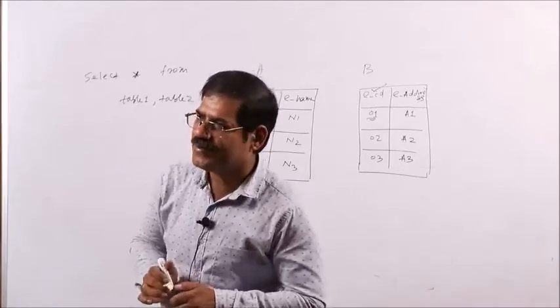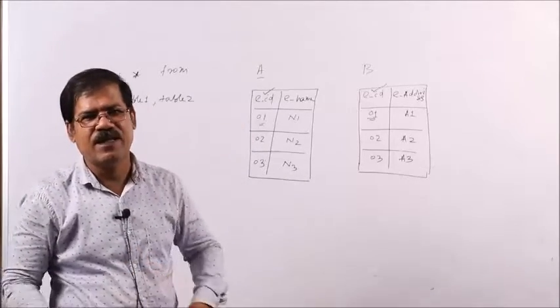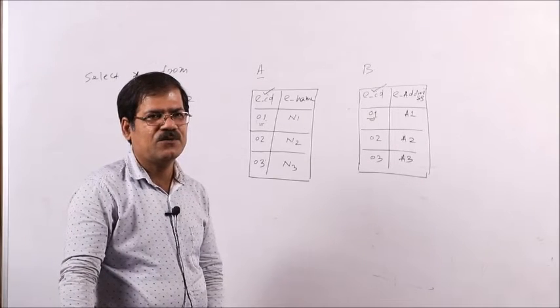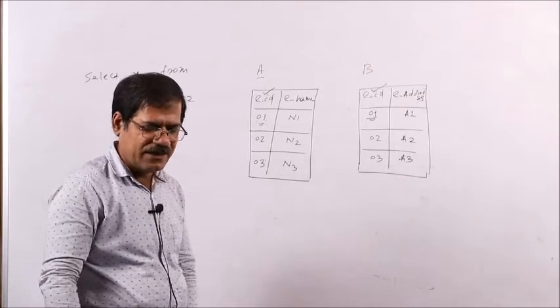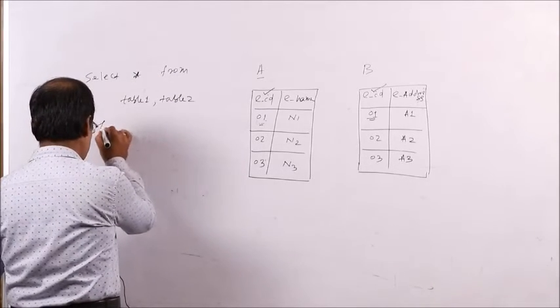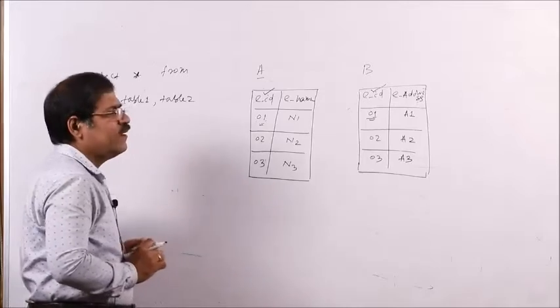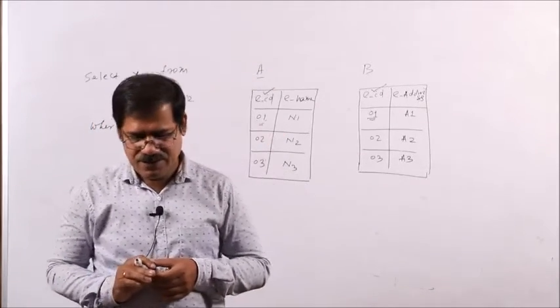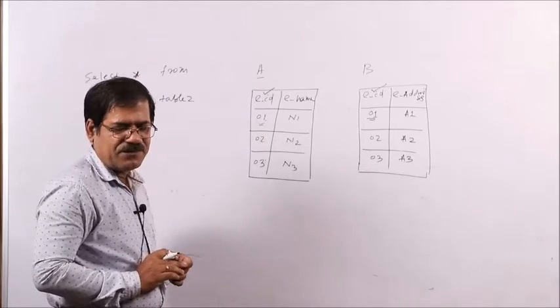I want to fetch all the records from table 1 and table 2, that means all the attributes from table 1 and table 2, where condition. What is your condition? Where the EID field of table 1 is equal to the EID field of table 2.